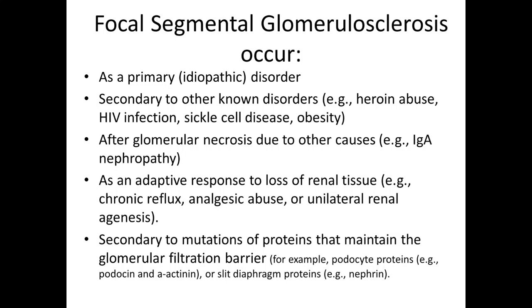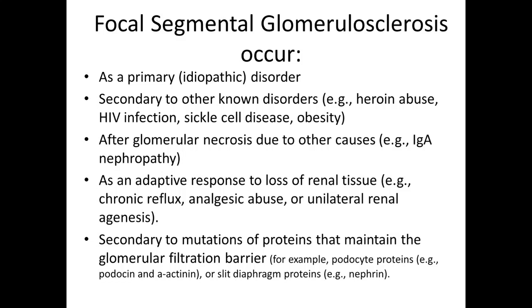It develops after glomerular necrosis due to other causes, and of course as an adaptive response to loss of renal tissue under chronic reflux or analgesic abuse or unilateral renal agenesis, and secondary to mutations of proteins that maintain the glomerular filtration barrier, for example podocyte proteins or slit diaphragm proteins, which lead to focal segmental glomerulosclerosis.